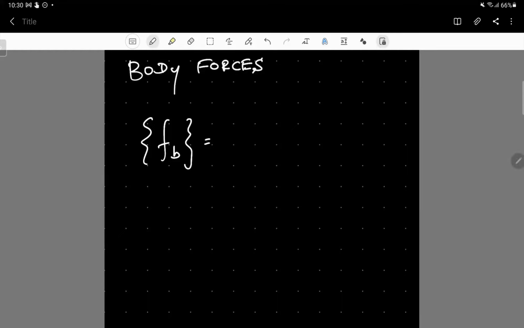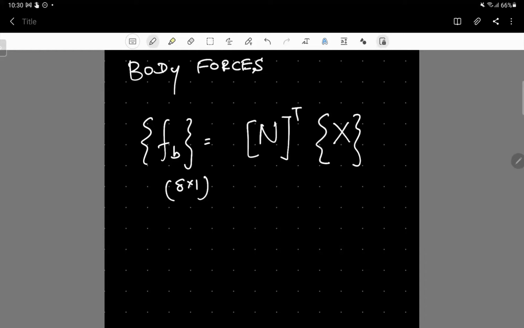Body forces will be an 8x1 matrix, which is nothing but the transformation matrix. This is quite familiar, and the X matrix has now been transformed.